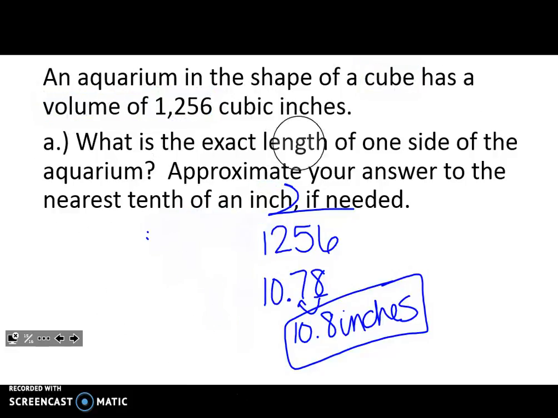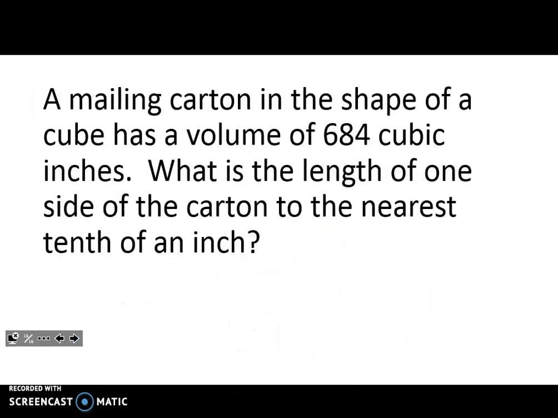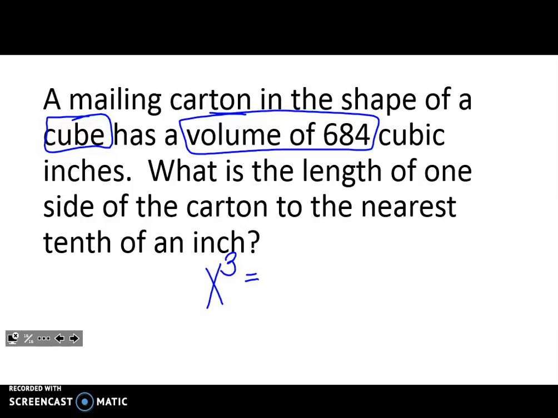All right, let's do one more. A mailing carton in the shape of a cube has a volume of 684 cubic inches. What is the length of one side of the carton to the nearest tenth of an inch? So since we're talking about a cube, and it tells us the volume, we're going to be working with a cubed problem.